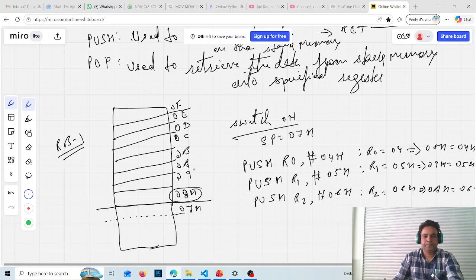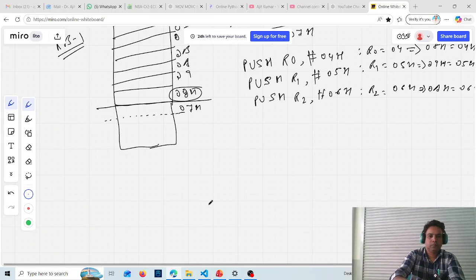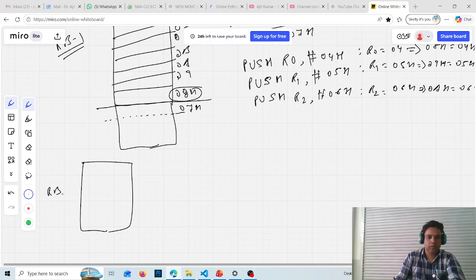Now see here what is happening. Let's say this is register bank 1. Then we have written this first instruction, push R0, comma, #04H.